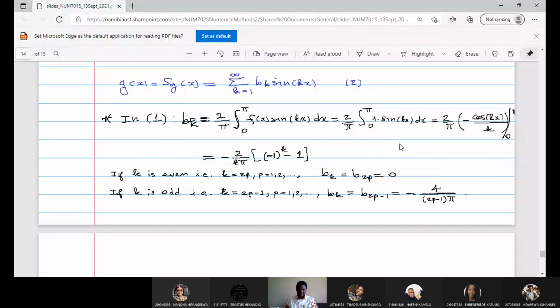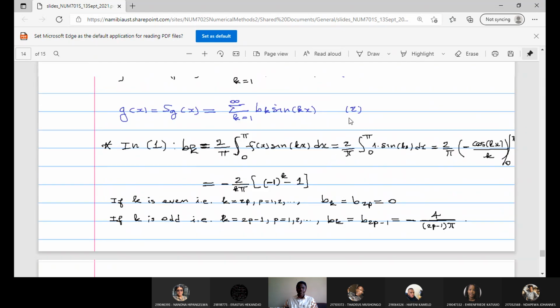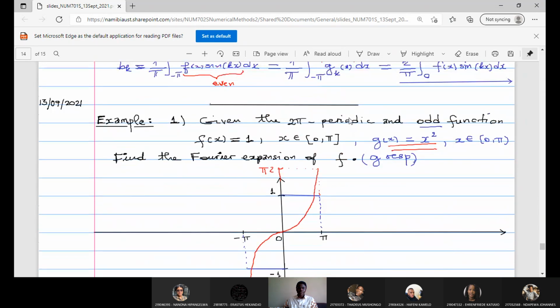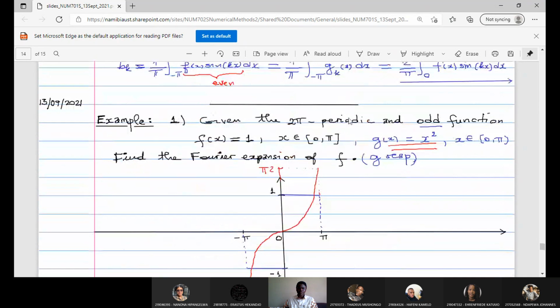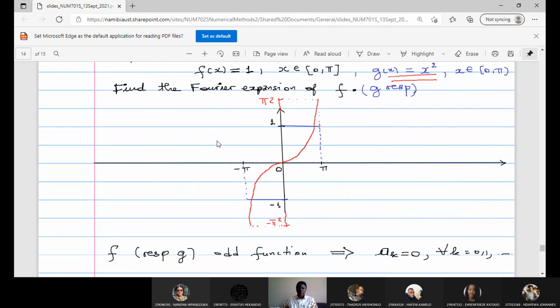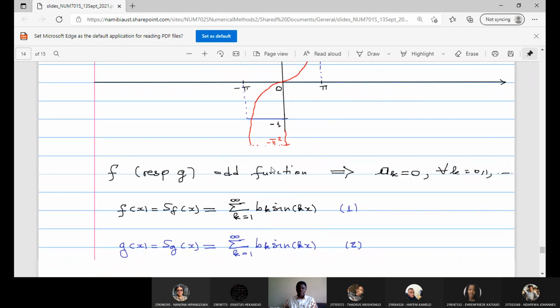As you can see here, for the first case, where f of x is 1 on the interval 0 to pi, this one in blue, this is the bk.